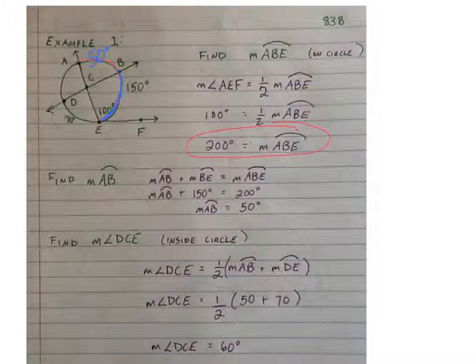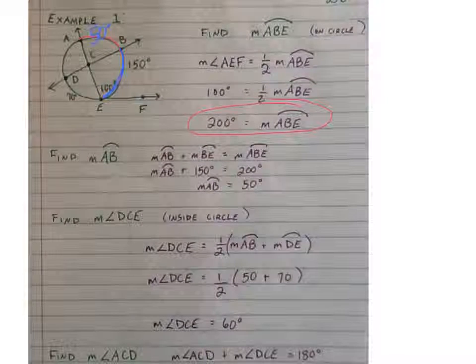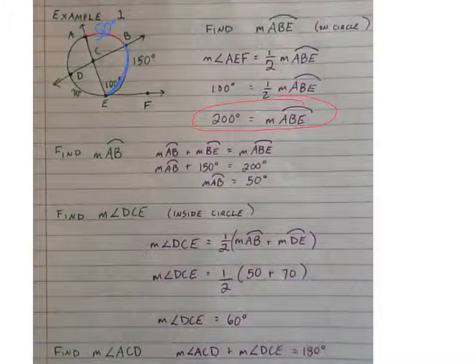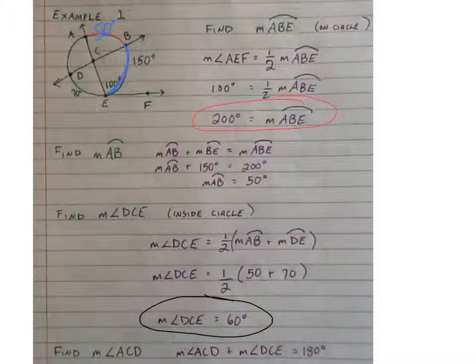So we find that in our diagram DCE is 60 degrees. So 60 degrees right there. Which means also this is 60 degrees because of vertical angles.